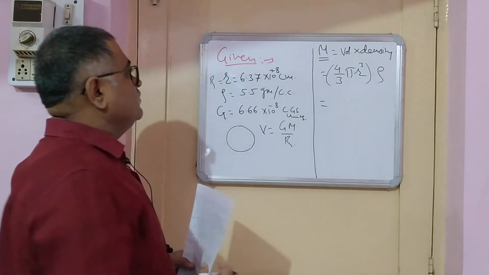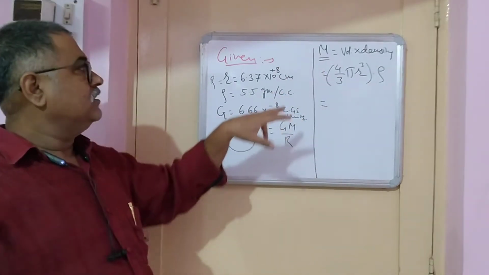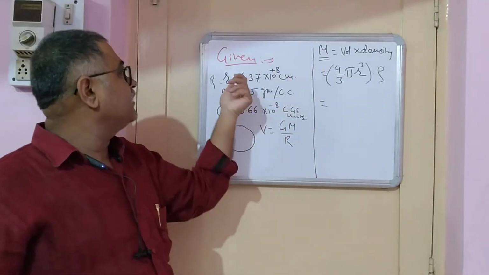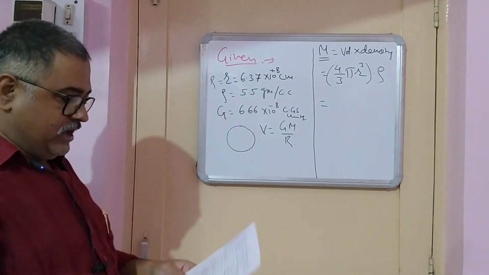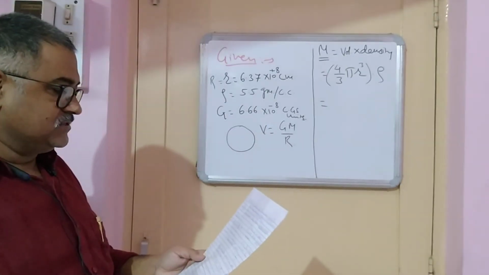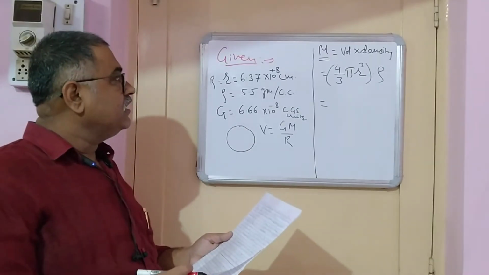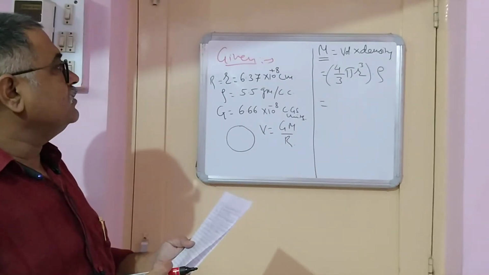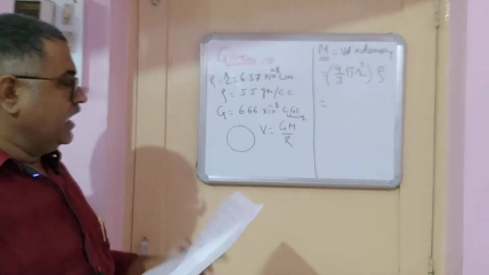Friends, now the part is only calculation. 4 by 3, value of pi, then r cube, multiplied by rho, and afterwards we put these values in the equation V equals GM by R.